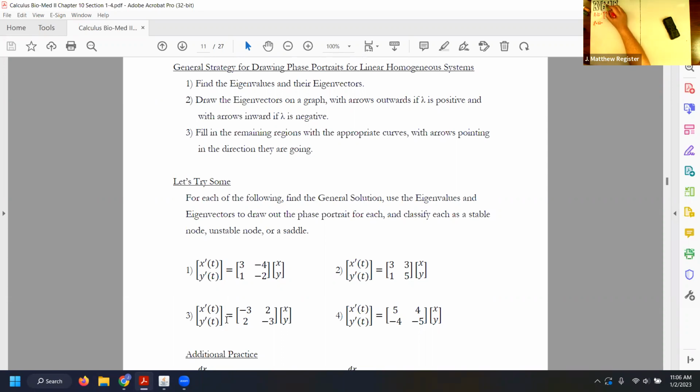And so that is going to be negative 3 times negative 3, which is plus 9, minus 4. That's going to give us a plus 5. Excellent. So this factors nicely to be lambda plus 5, lambda plus 1. And so that tells us lambda 1 is going to be equal to negative 5. Lambda 2 is going to be equal to negative 1. And so we are in luck. This is a stable node.